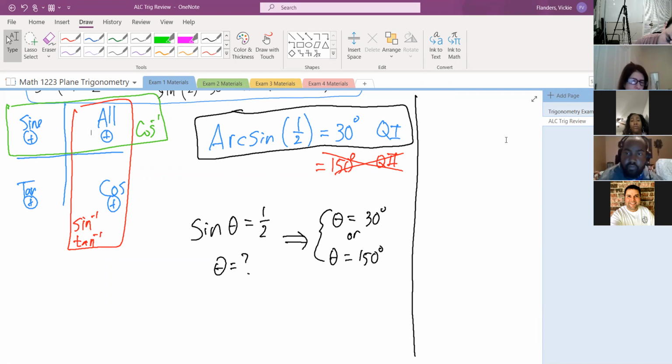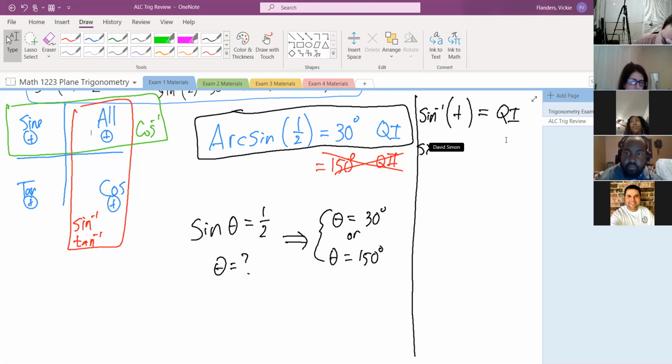What I'm saying is that if I do inverse sine of a positive number, in fact, I'll just use positive right here, I'm going to get a quadrant 1 answer.